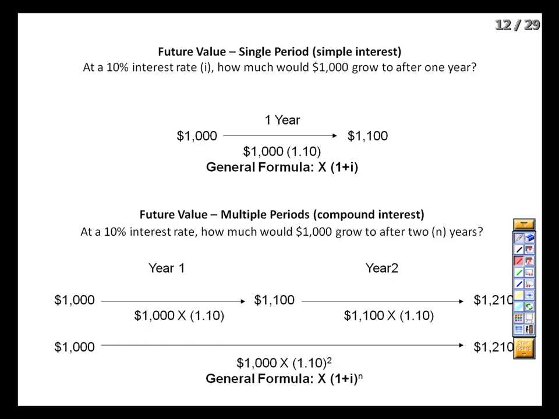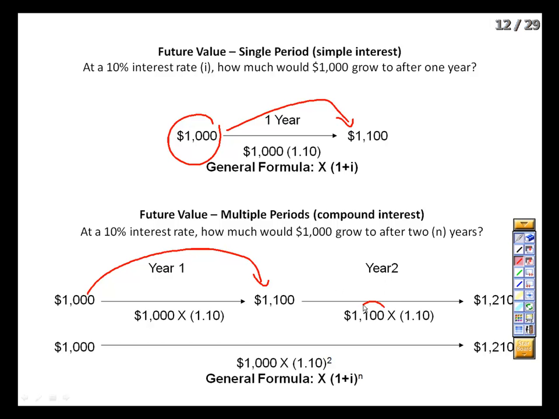In a single year, that's simple interest. We see the $1,000 becoming $1,100 when we earn 10% for 1 year. Down below, if we have multiple periods, that becomes compound interest, and we see that our $1,000 grows to $1,100 after 1 year.